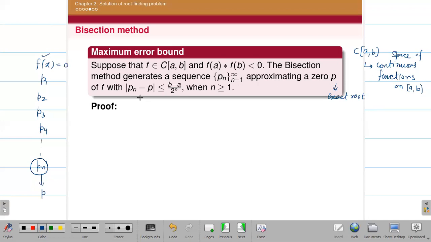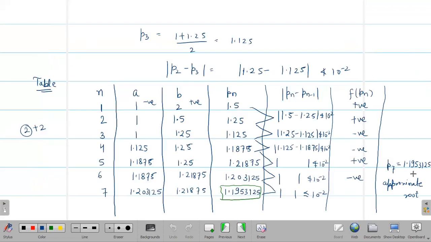So what will be the maximum difference between these two? Here we have found 1.19, so that is our Pn, where we have stopped. This is our approximate root. Now p is our exact root. So what will be the maximum error between P7 and p?